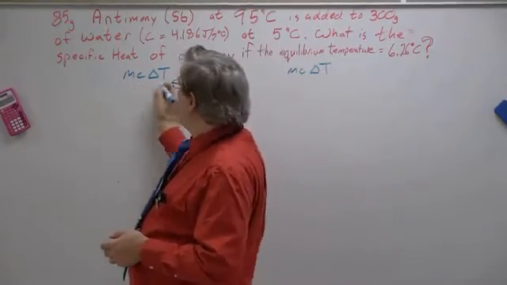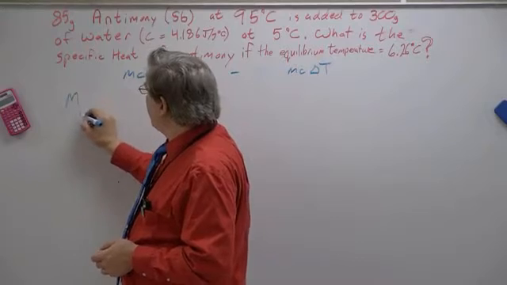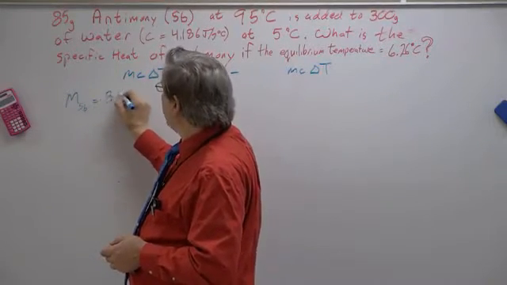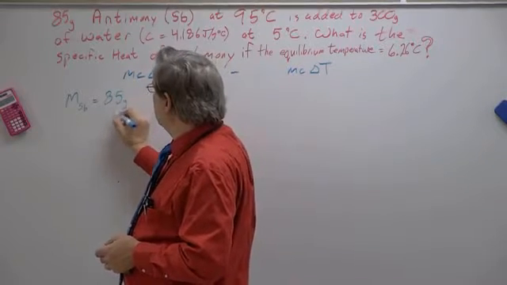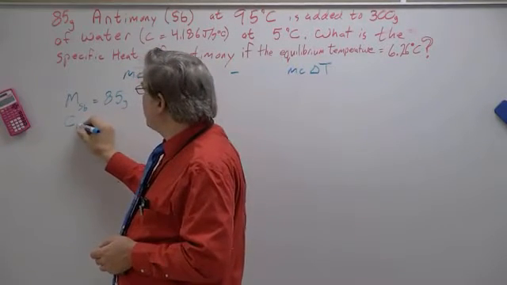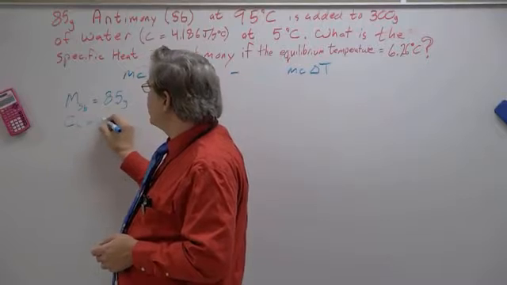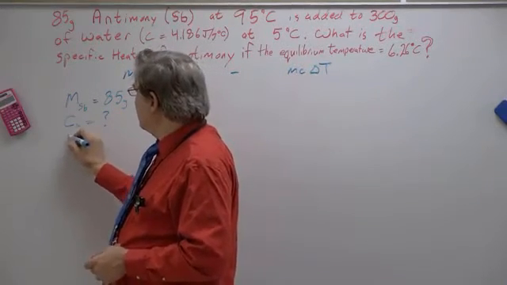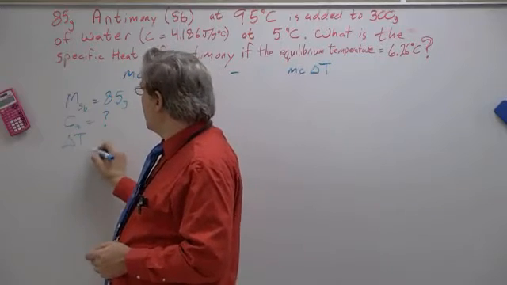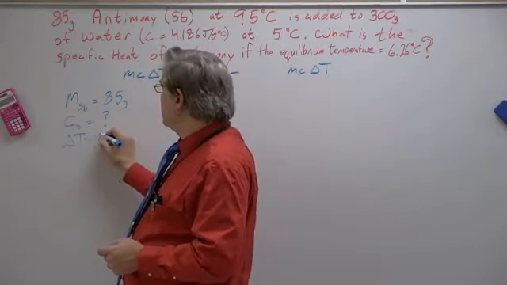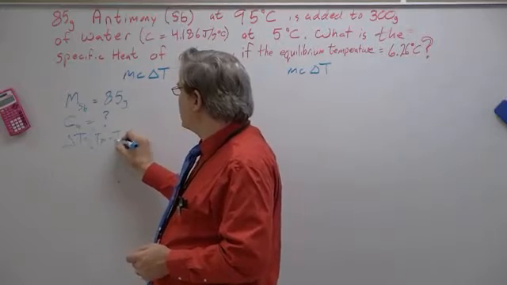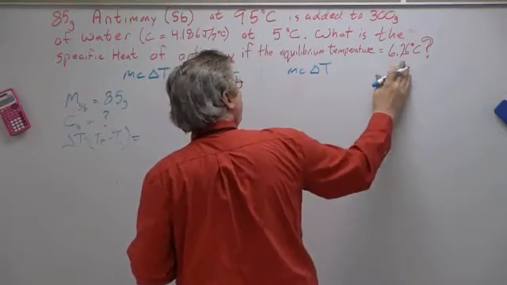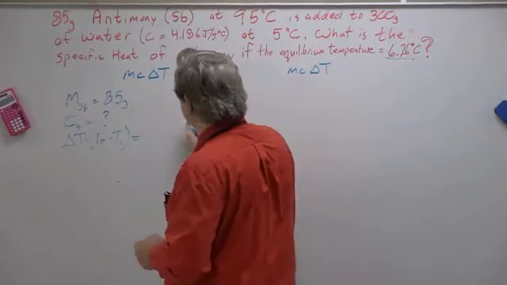So what do I know? M for the antimony, I'll write Sb here, is equal to 85 grams. C for the antimony, Sb, that's our unknown. And delta T, well, I need to solve for delta T. That's equal to T_F minus T_I, which is equal to, we said our equilibrium temperature right here is 6.26 degrees.